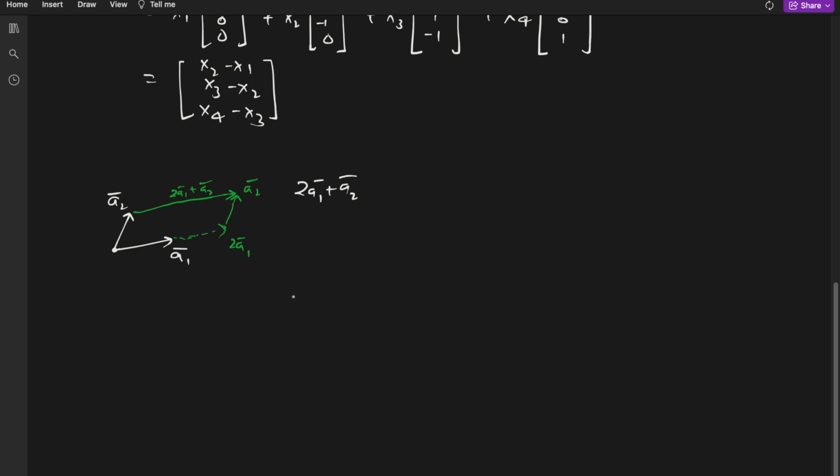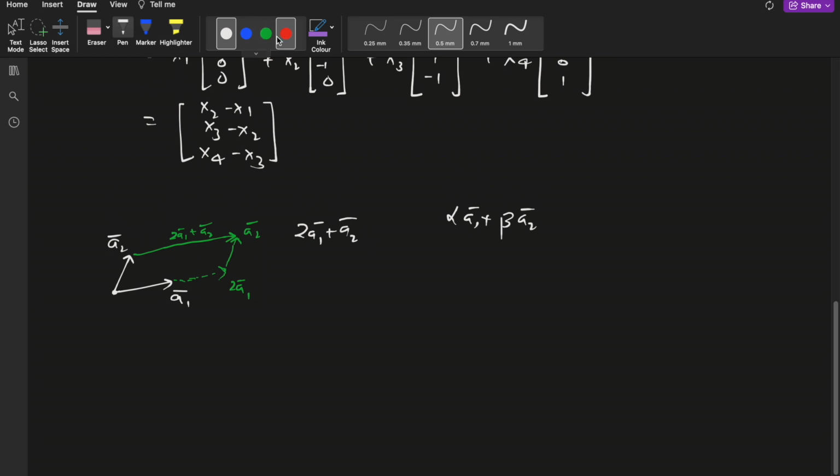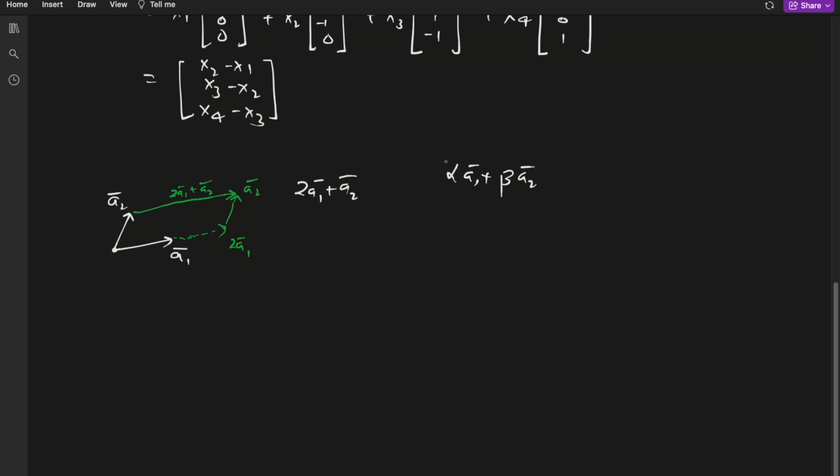Now, this is one such linear combination of A1 and A2. But if you need to generalize it, if we take all the linear combinations of the first two column vectors of matrix A, that is alpha times A1 plus beta times A2, then how will it look? Let's see. First of all, what is alpha times A1?